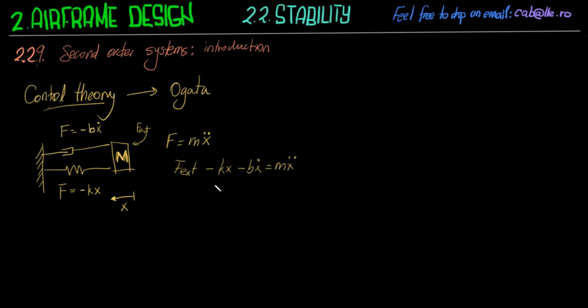Remember, we have a very similar equation for our rocket. If you recall, we have some terms that go with alpha, and some that go with alpha dot, and then here instead of mass we have the moment of inertia.